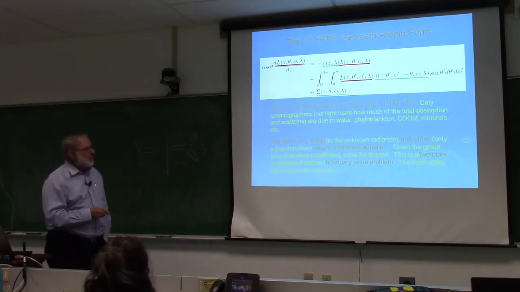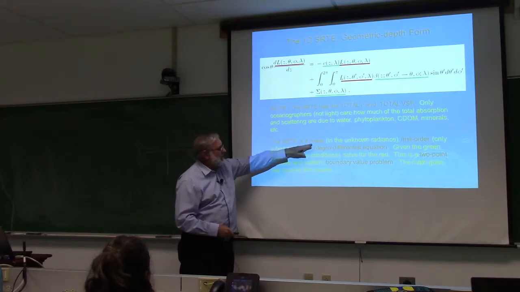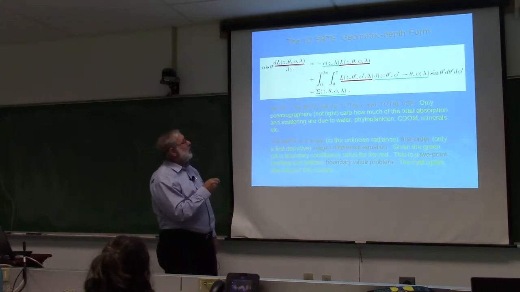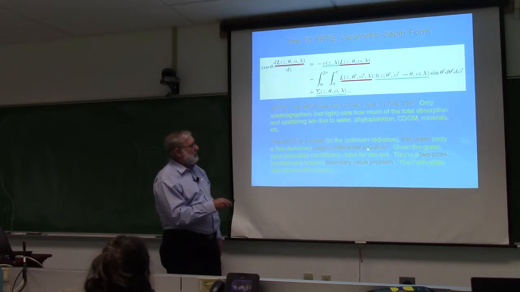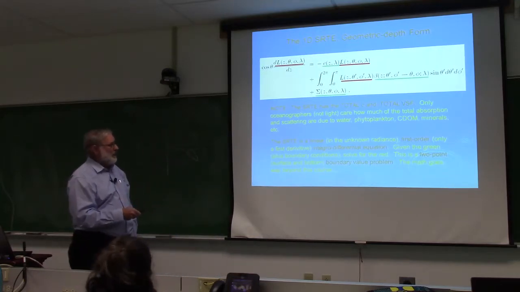In math speak, it's linear, meaning the radiance is there only to the first power. First order, meaning only a first order derivative is involved. It's an integro-differential equation, because it involves integrals over what you're looking for, and derivatives of what you're looking for. So you give the green plus the boundary conditions, and you solve for the red.